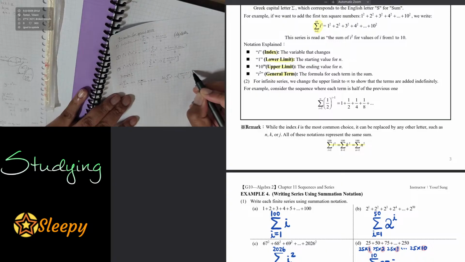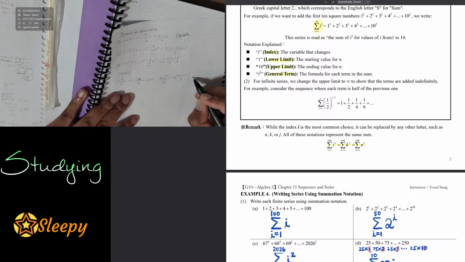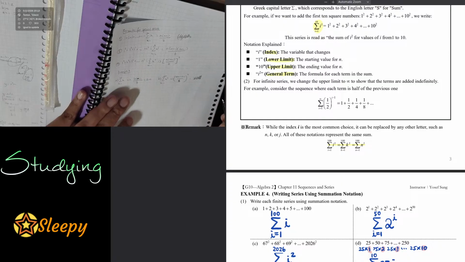So that's 50 times 101, so that's 5050 squared, which is... oh, divided by 6. Okay. Divided by 6, which is... this becomes a beautiful number.